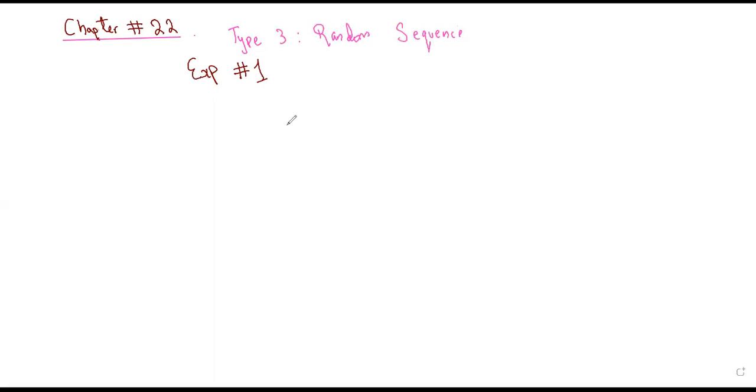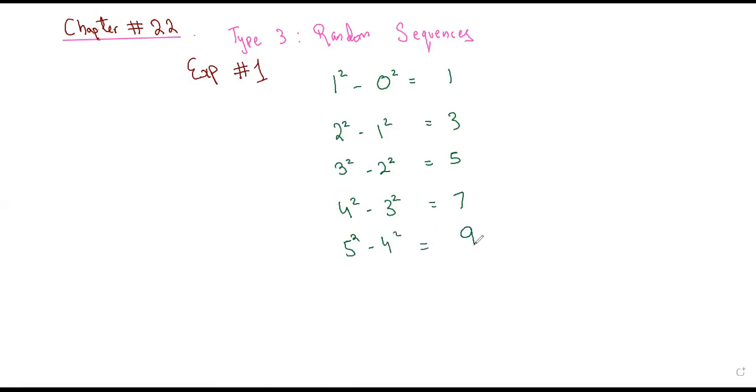The example basically gives you a pattern: 1 square minus 0 square gives you 1. 2 square minus 1 square gives you 3. 3 square minus 2 square is 5. 4 square minus 3 square gives you 7. And then 5 square minus 4 square gives you 9.